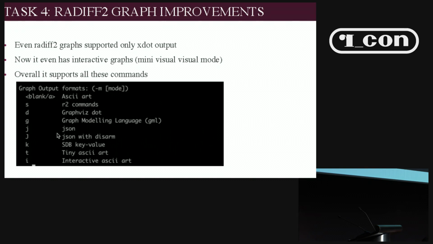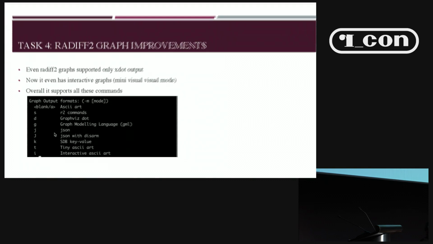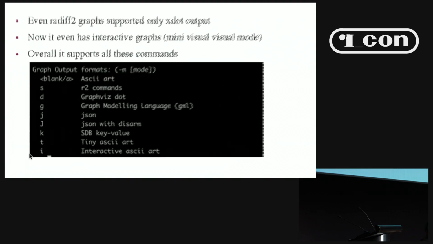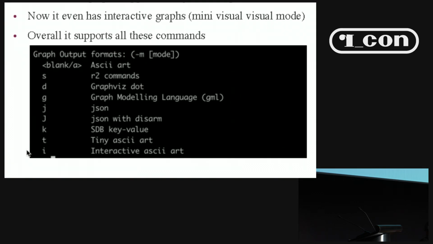After I was done with this, it started supporting all the listed output formats. The default one is ASCII art. It also supports the Graphviz dot mode, which was the default mode used by Radiff. It also supports other modes like JSON, and JSON with and without disassembly.